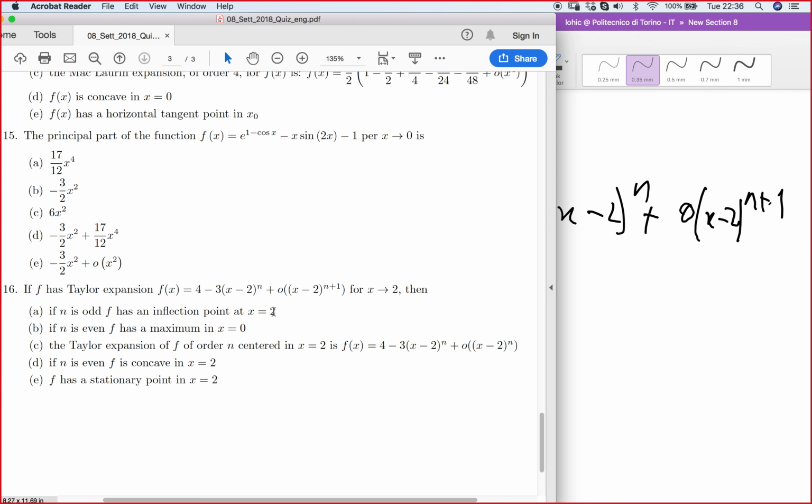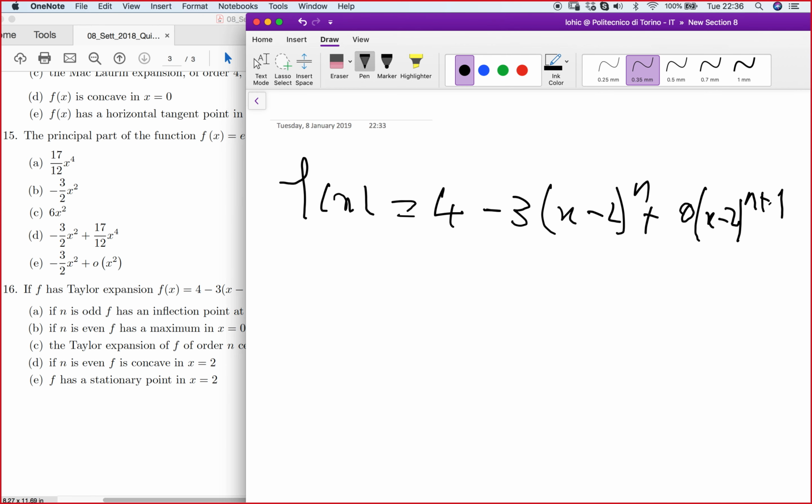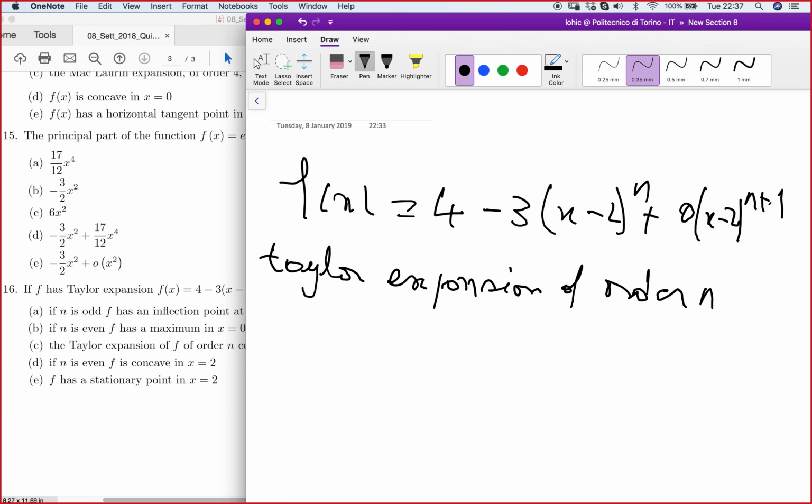Because we don't know n, this is the Taylor expansion of order n plus 1, right?